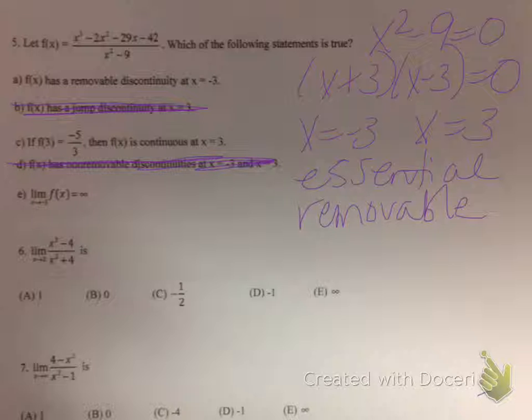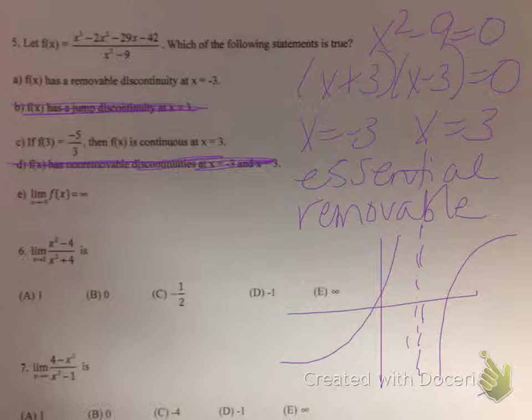And if you actually graph this function, it's going to look like this. And you did have the use of your calculator for the test. Here's an asymptote here, and it looks like something like this. You'll see there's an asymptote at x equals 3. So that means when x equals 3, there has to be an essential discontinuity.